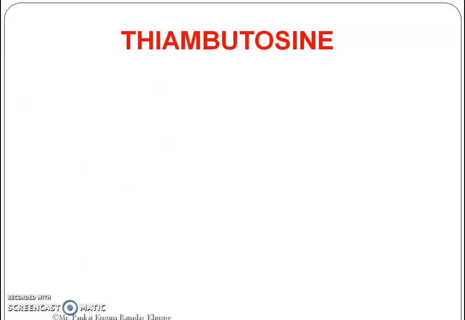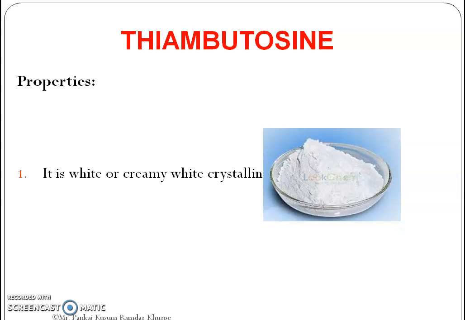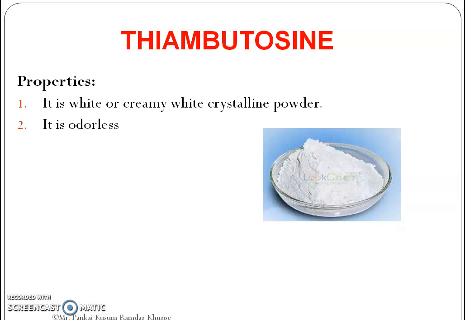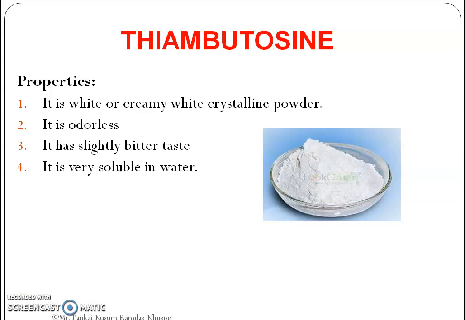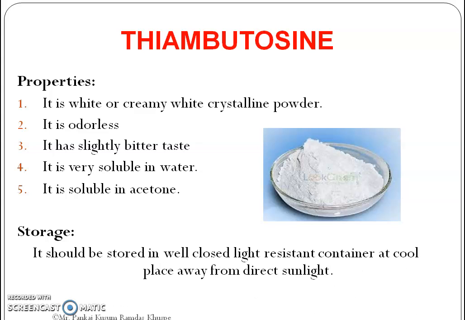Next, the third compound from this chapter is thiambutosine. Thiambutosine is a white to creamy white crystalline powder. It has a bitter taste and doesn't have any specific odor, that is, it is odorless. It is very soluble in water, and soluble in acetone also, that is, it is soluble in organic solvents also.